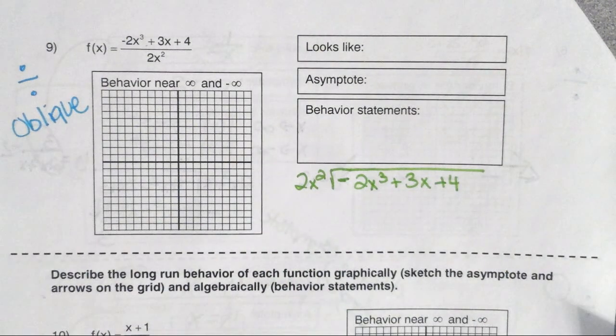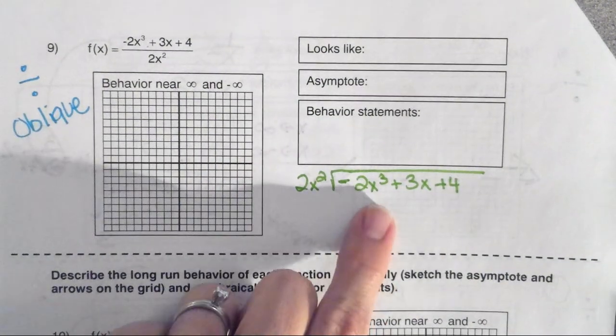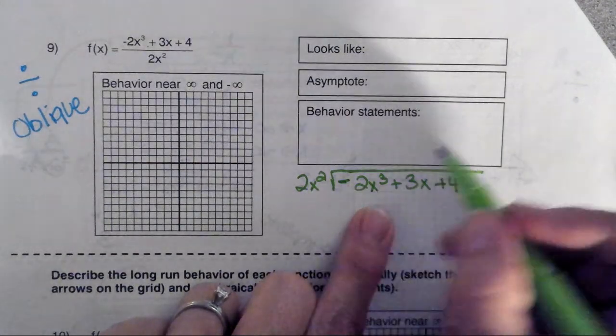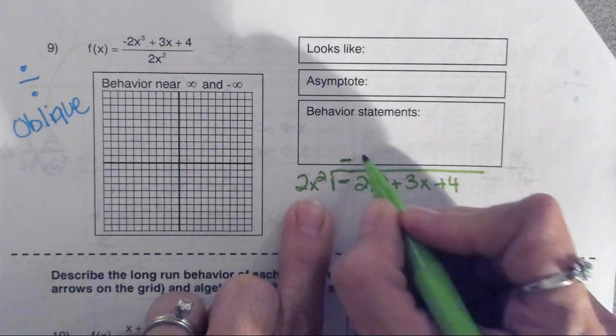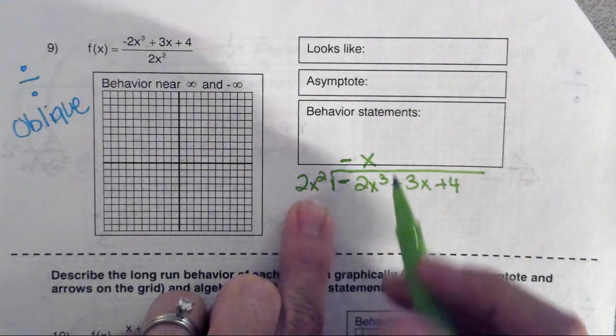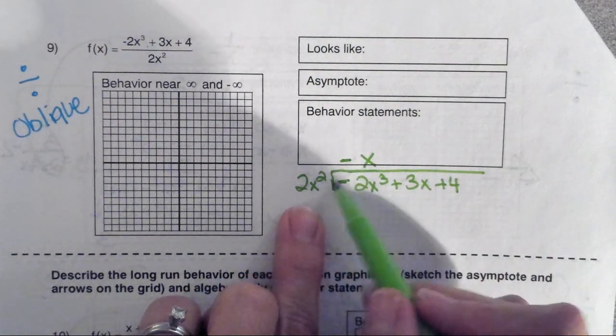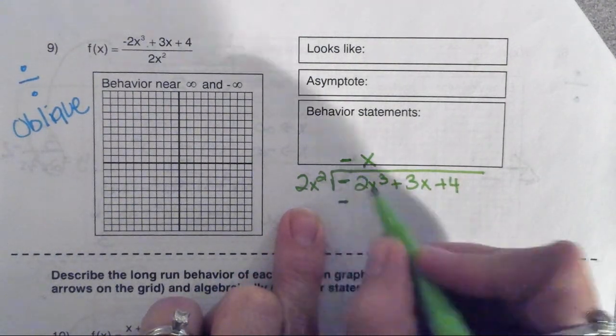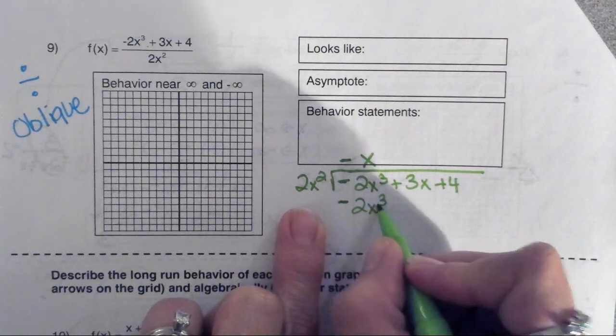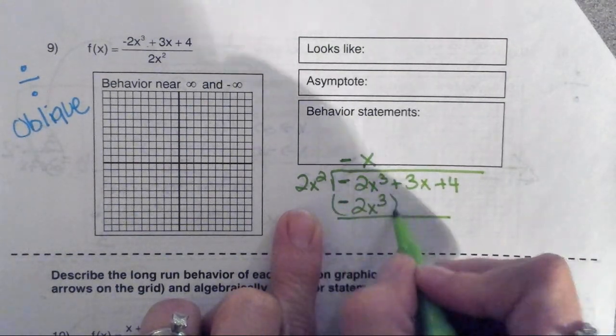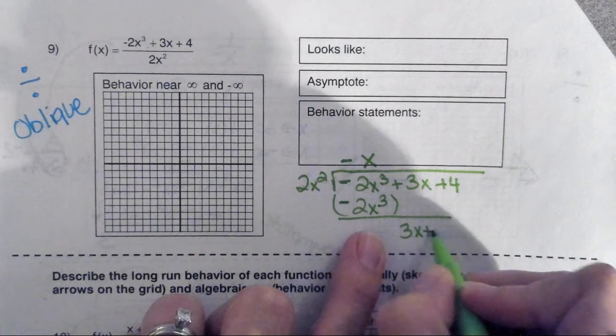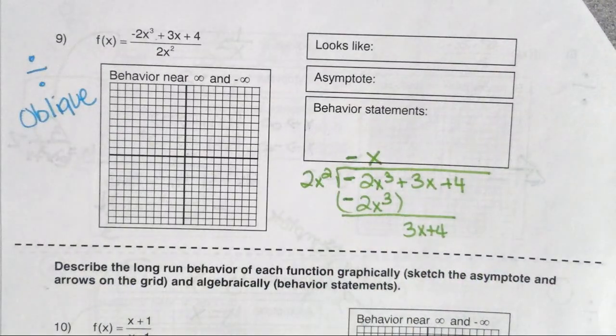So how many times will 2x squared go into negative 2x to the third? That's going to actually go in a negative x times. So 2x squared times negative x is going to give me negative 2x to the third. And I'm going to go subtract, and I'm going to get 3x plus 4.